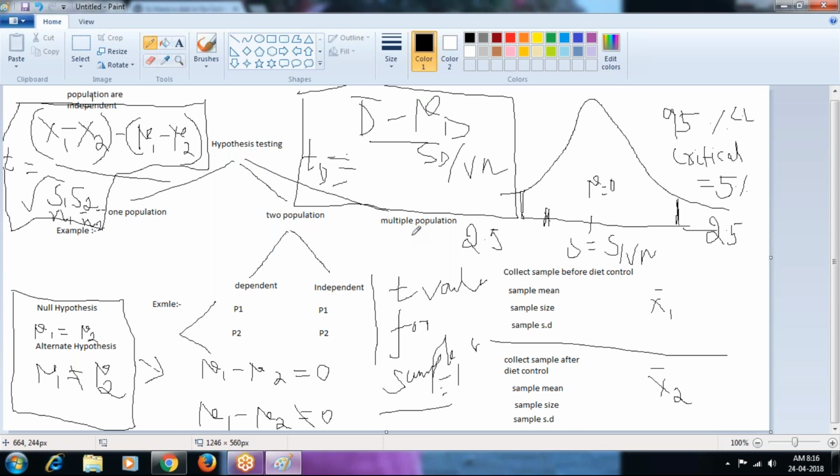This paired t test is basically used when you want to see whether there is any significant difference between two population means where the populations are dependent on each other. Predominantly you will find such applications before and after the introduction of some treatment.